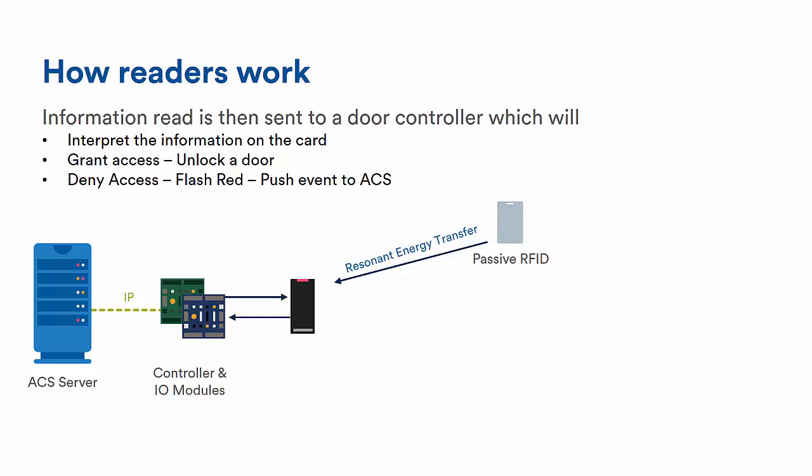Now, we know that the card is energized when presented in proximity to a reader. Through resonant energy transfer, the reader charges the coils in the card, giving it the energy to broadcast the credential for the reader to interpret.